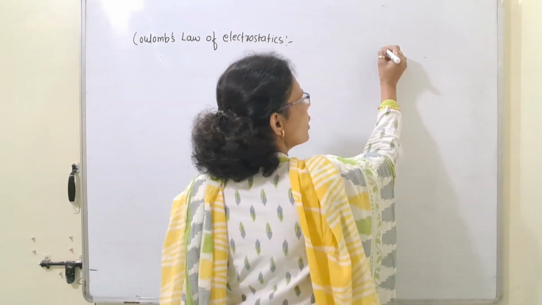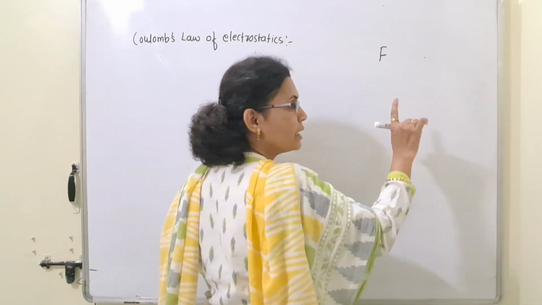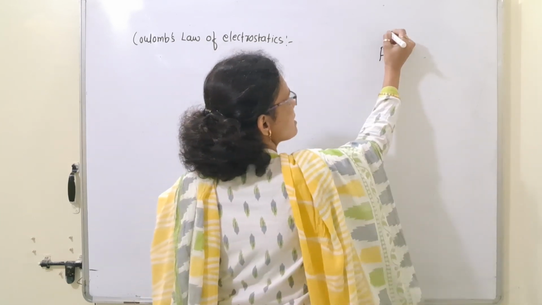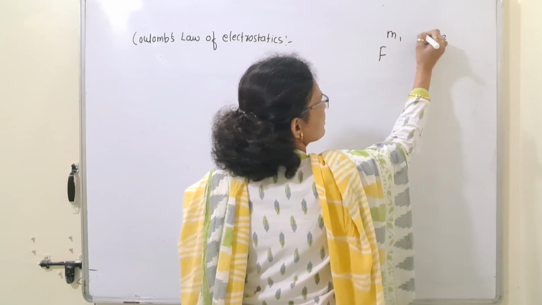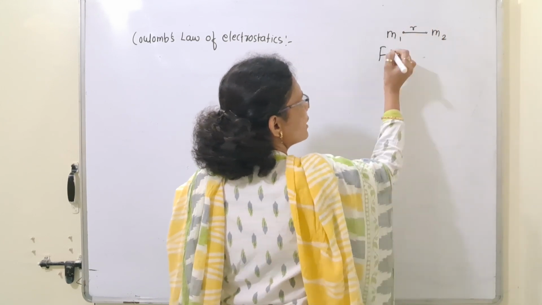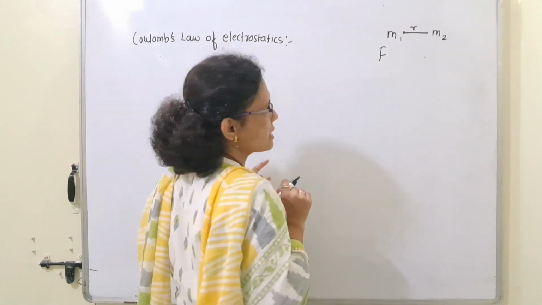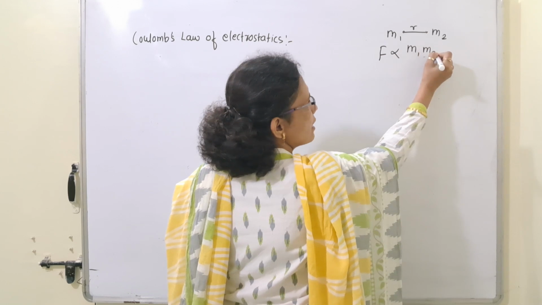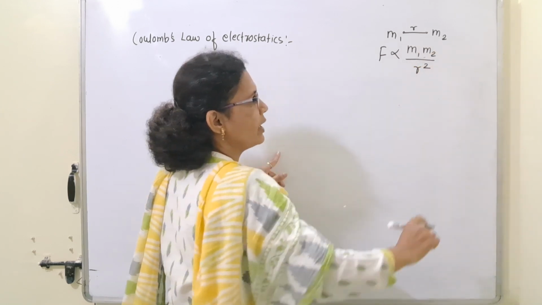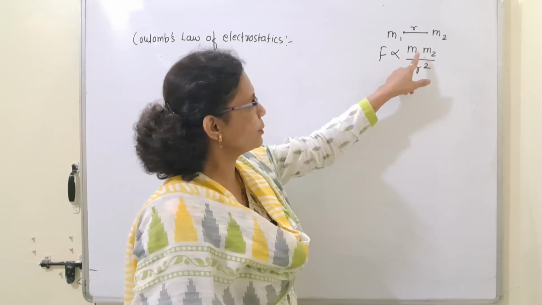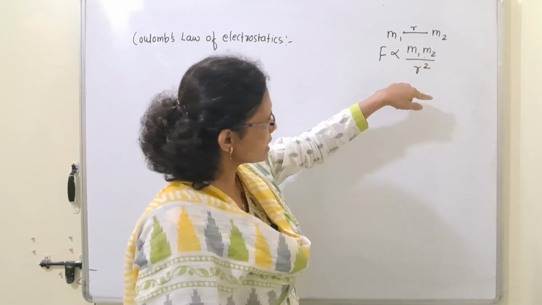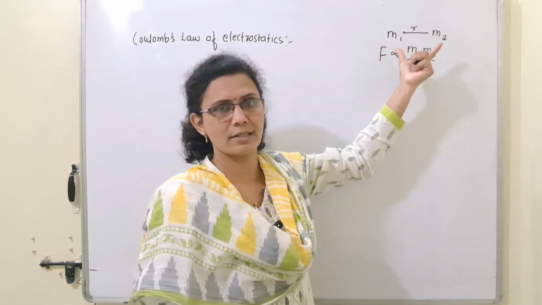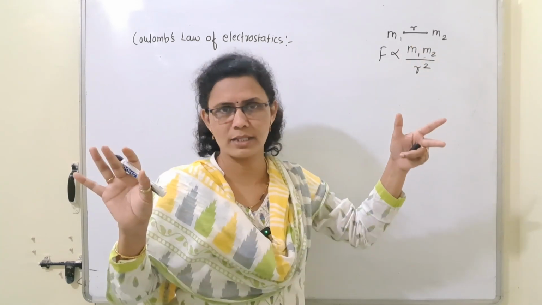Gravitational law: the force of attraction present between two masses M1 and M2 separated by some distance R is directly proportional to the product of the masses and inversely proportional to the square of the distance between them. This law is about any two masses present in the universe, correct?